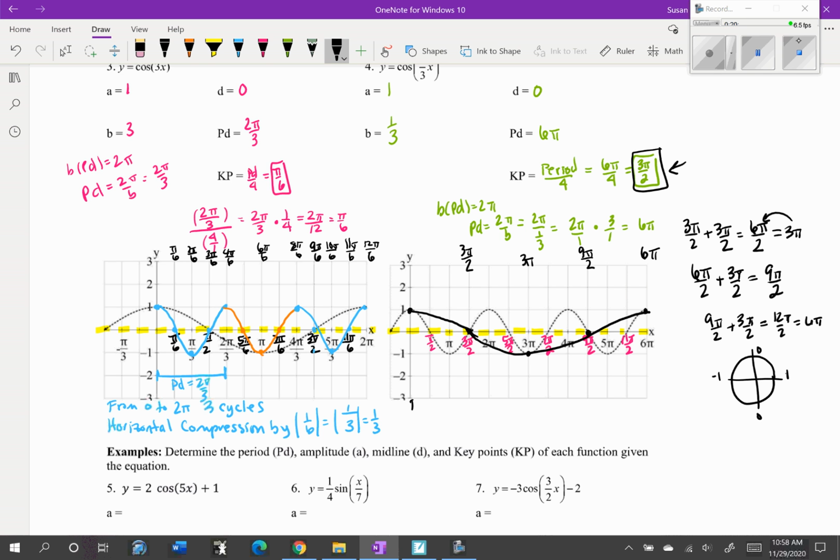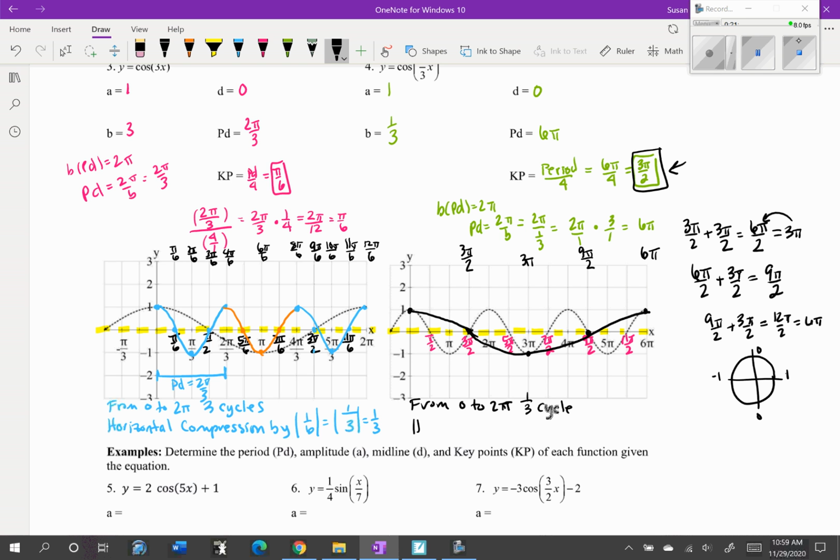So notice from 0 to 2 pi, that's from here to here. That would be a third of a cycle because it's the absolute value of 1 over b. So from 0 to 2 pi, we have your b value, so 1/3 of a cycle. I'm thinking of the horizontal compression as going to be 1 over b.